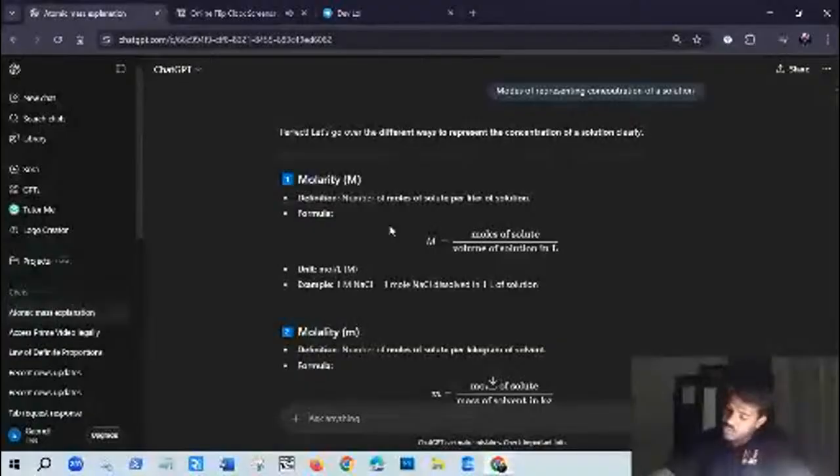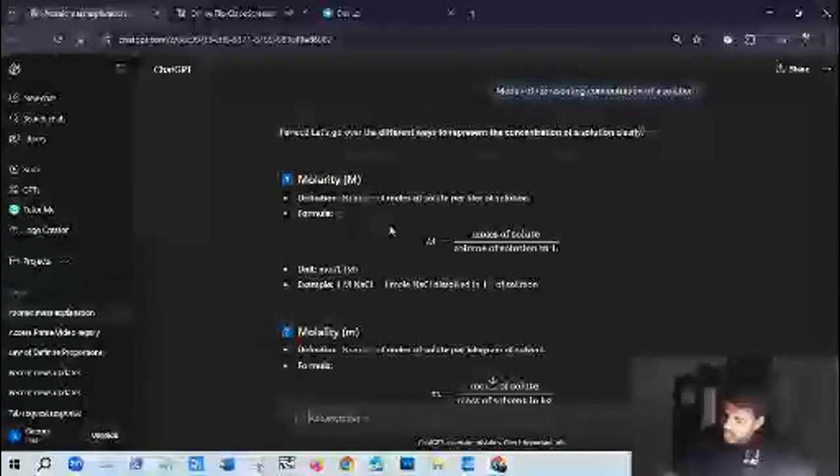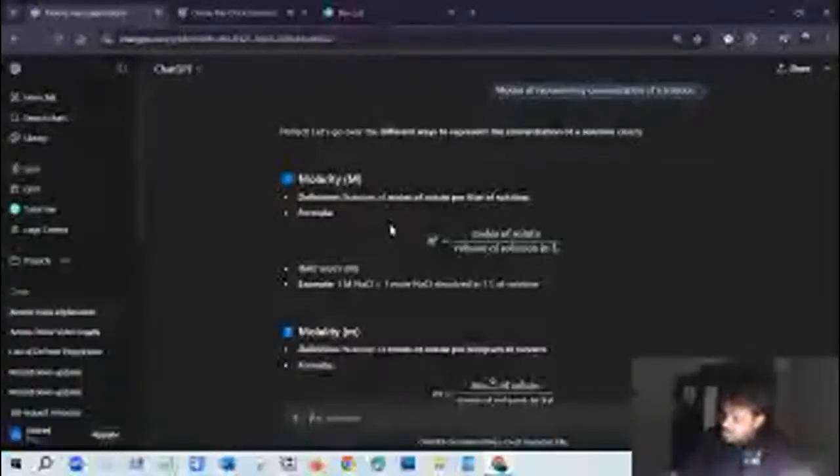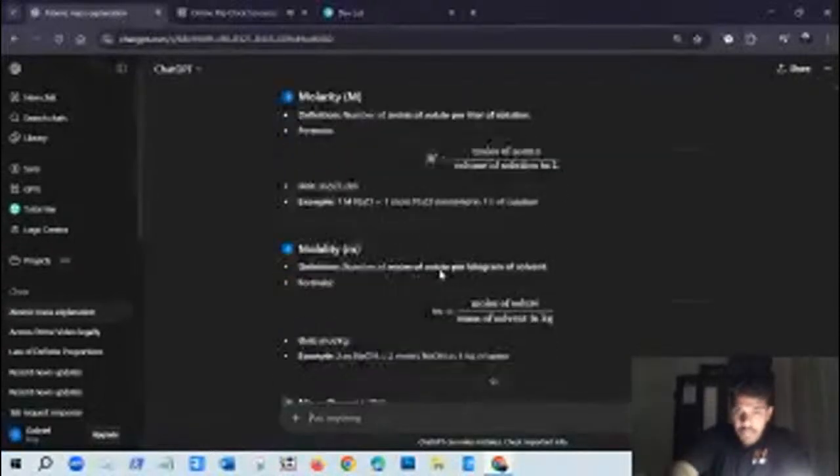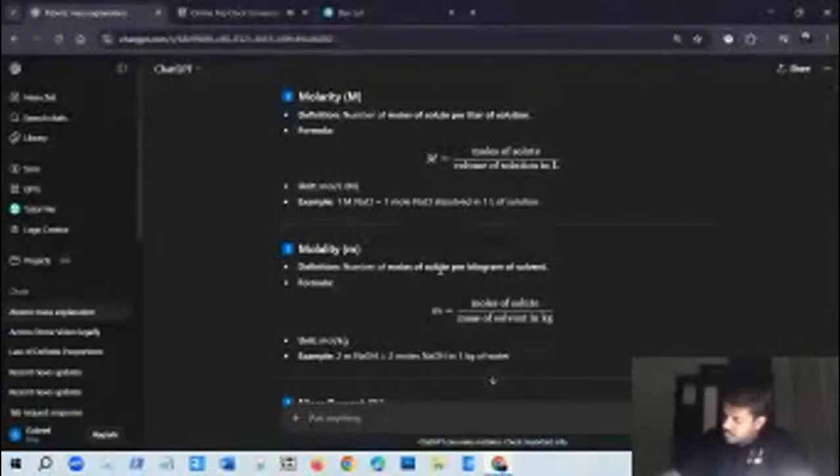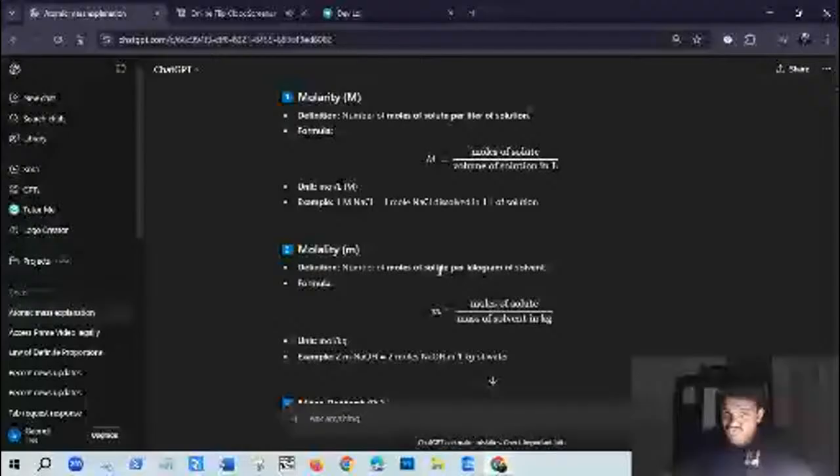Okay. Now the next one is molality. Molality is equal to, same thing, moles of solute by mass of solution in kg.